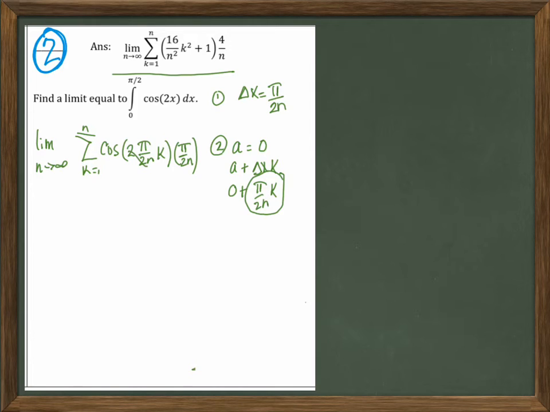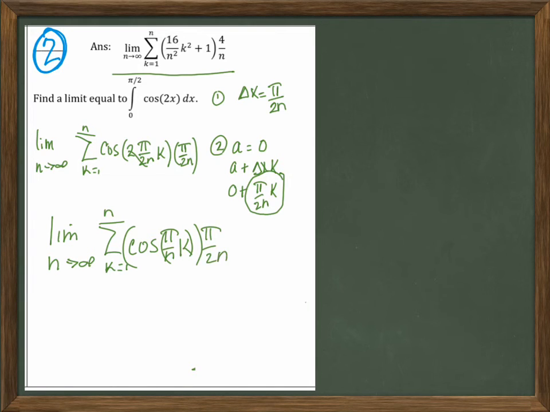And we're just going to cross that out. So our final answer should be the limit as n goes to infinity of the sum of k equals 1 to n of cosine of pi over n k times pi over 2n. All right, so that should be your answer to number 2, and go find number 3.